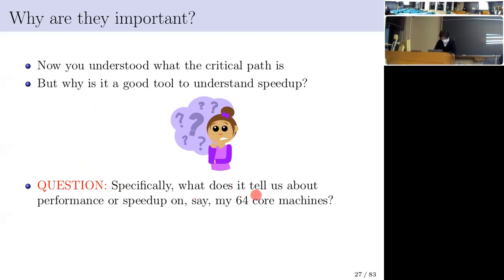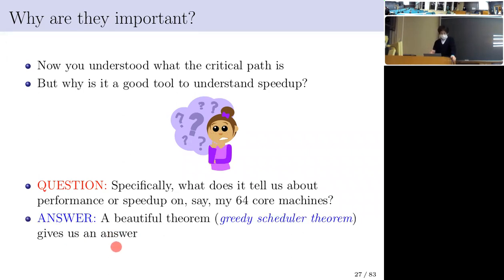Specifically, what does it tell us about the performance or speedup on, say, my 64-core machine? You have T infinity, which represents the execution time on hypothetically infinitely many processors, but what does it tell us about the execution time with a specific number of processors, like 64 cores? That is a question we'd like to answer.